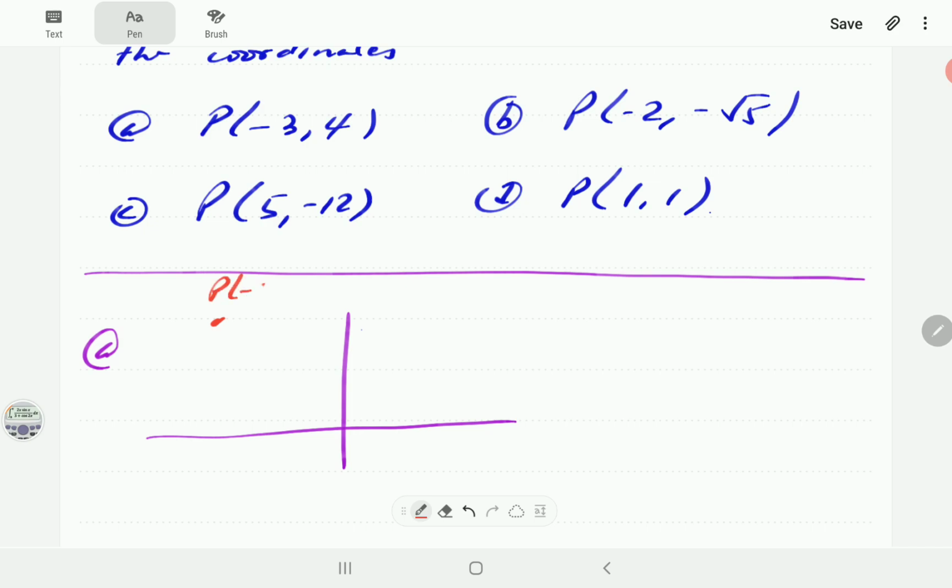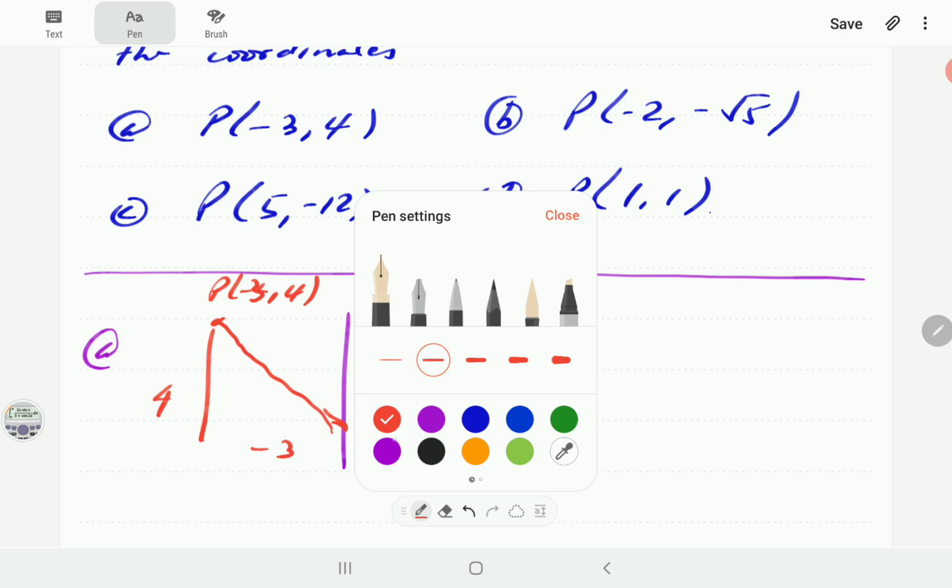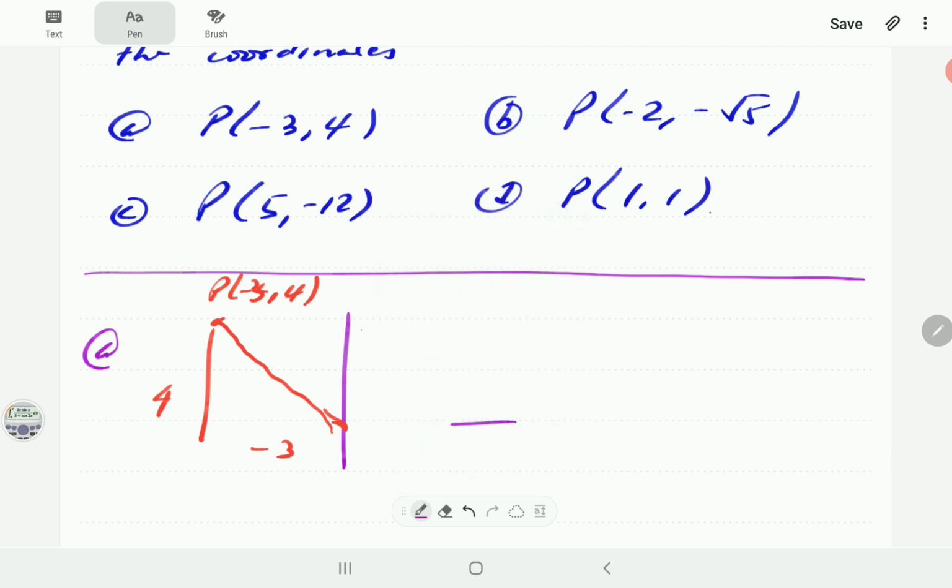So there is minus 3, 4, which means this is going to be minus 3, and that is going to be 4. What we're looking for is the length of the hypotenuse, r, this side.